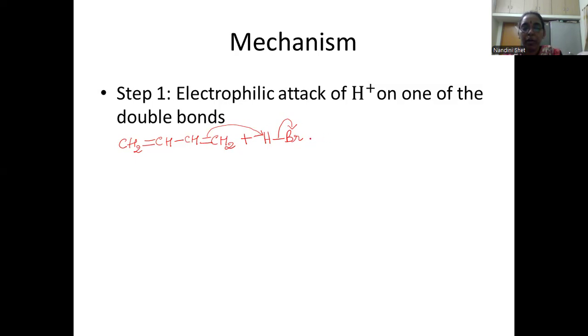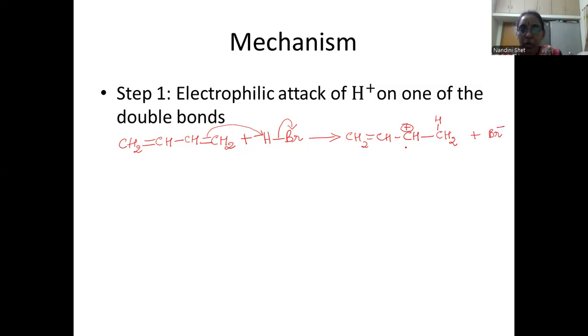So what do we get? We get CH2=CH-CH, but now because these electrons have been given to H, this carbon is losing its electron and acquires a positive charge, and the CH2 has now formed a new bond with the hydrogen. Okay. And with that Br minus is formed.